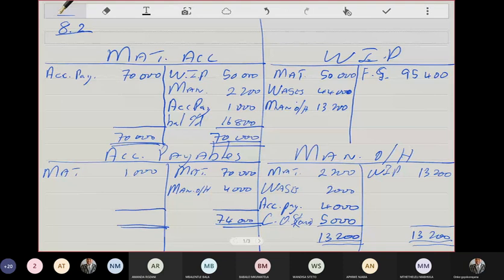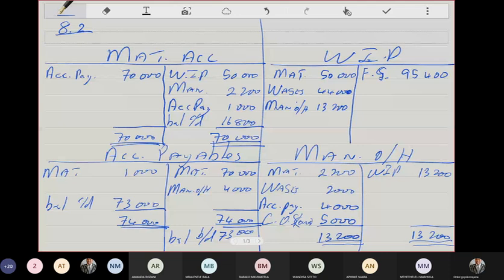So we're looking for 74,000 also on the debit side. So that means your balance carried down will be how much? 73,000. Then your balance brought down at 73,000. That's how you balance that account.